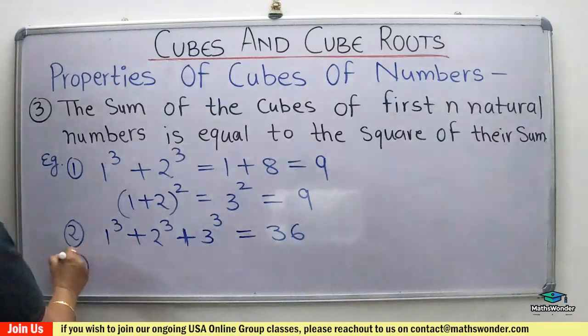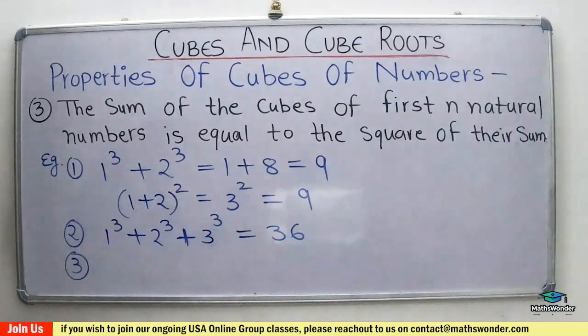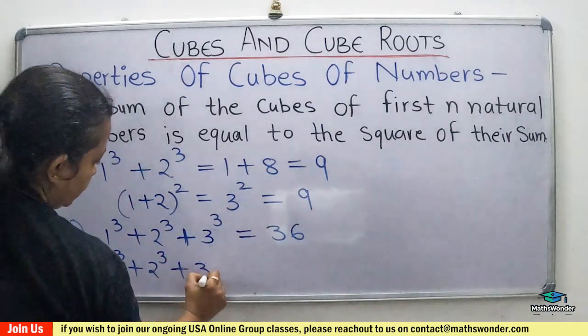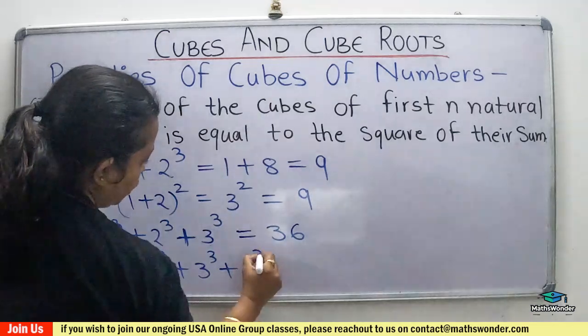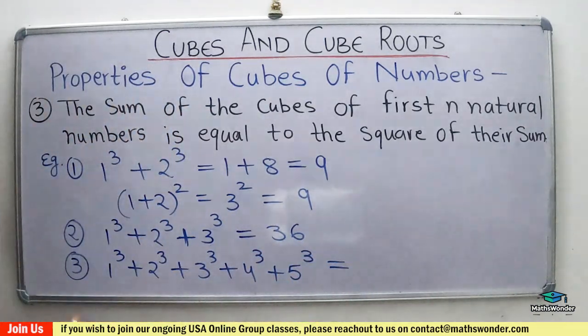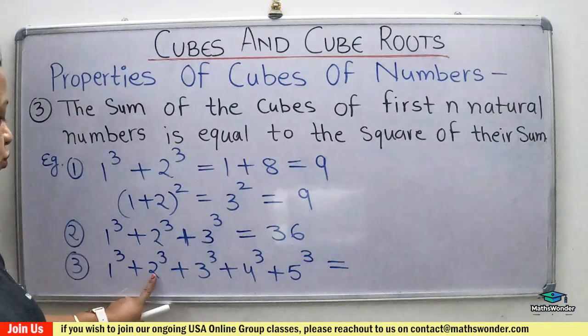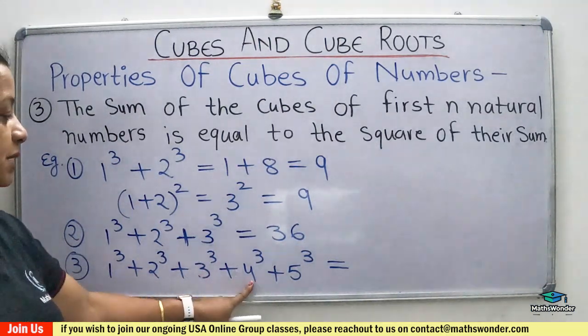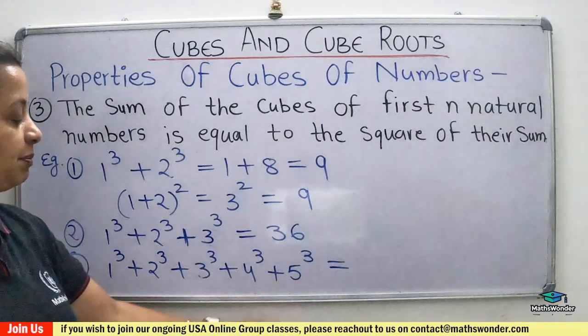Suppose the third example. Now I am taking the first 5: 1 cube, 2 cube, 3 cube, 4 cube, 5 cube. You will add all the 5 numbers: 1 plus 2 is 3, 3 plus 3 is 6, 6 plus 4 is 10, 10 plus 5 is 15.